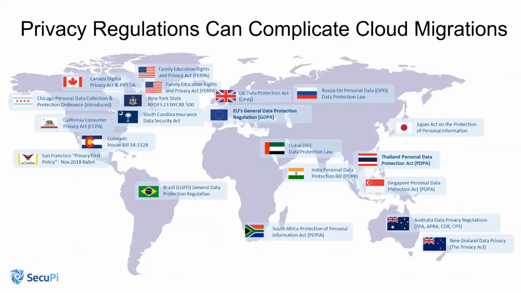So when you look at data privacy regulations, these can really complicate cloud migrations. Schrems 2, for example, has turned a lot of the cloud hosting business upside down. This is a major concern for software as a service vendors that originally set up their environments to be hosted physically in a particular location or data center, and they have a backup or whatever.